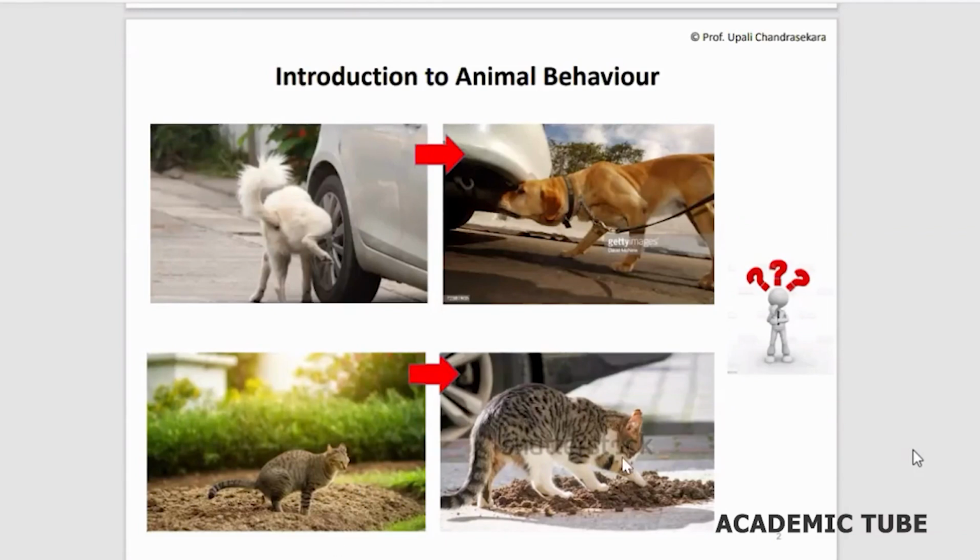Now the second photograph here shows that the cat covers the feces. It scratches, and then somehow it covers the feces, and then it goes. Again, the question is, why do the cats do that? Now, we can offer many different explanations for this cat's behavior. For example, many people think the cat might think, well, there are small children in this house.